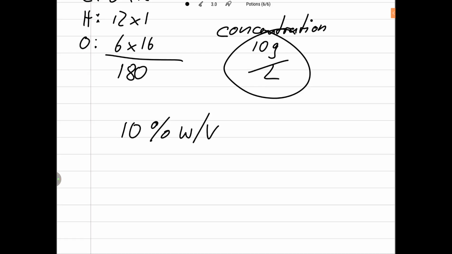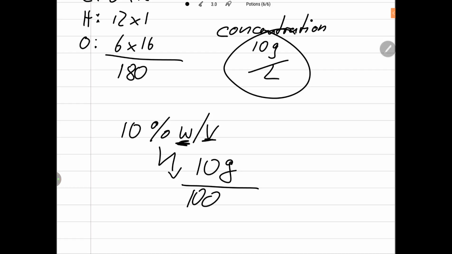So 10% actually can be easily translated into 10 gram, we need a weight, per 100 volume, milliliter. Yeah? So 10% weight per volume is 10 gram per 100 milliliter.